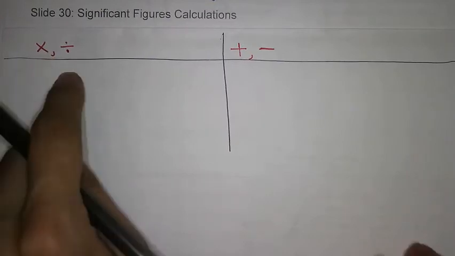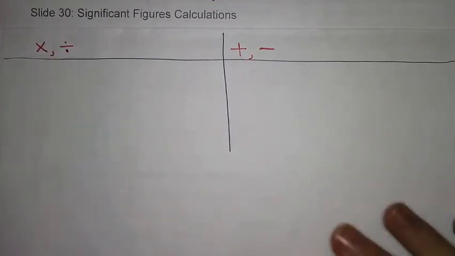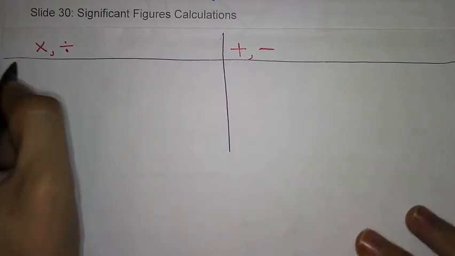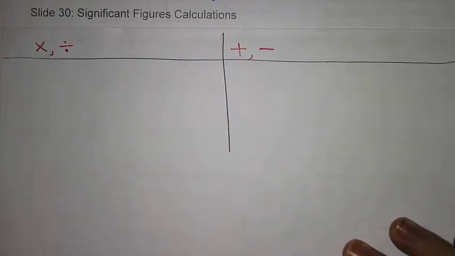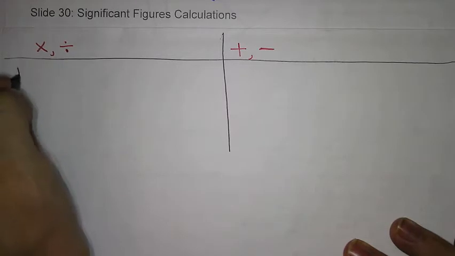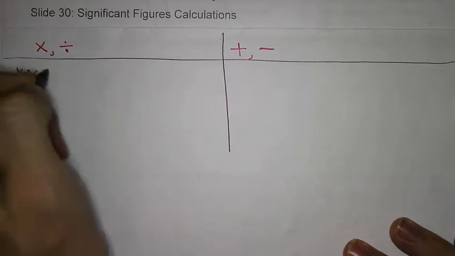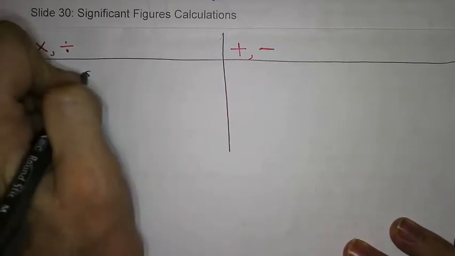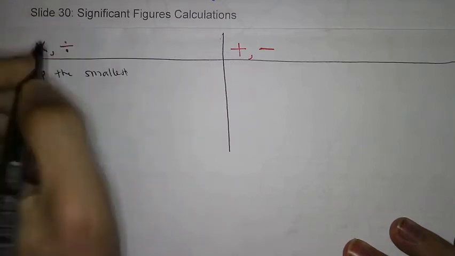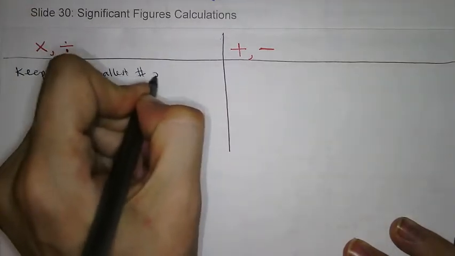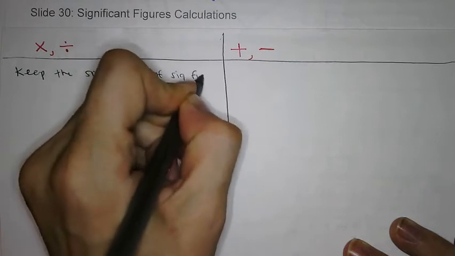If we are multiplying and dividing data, so numbers or measurements with significant figures, here's the absolute boiled down definition. Your final answer gets to keep the smallest number of sig figs.